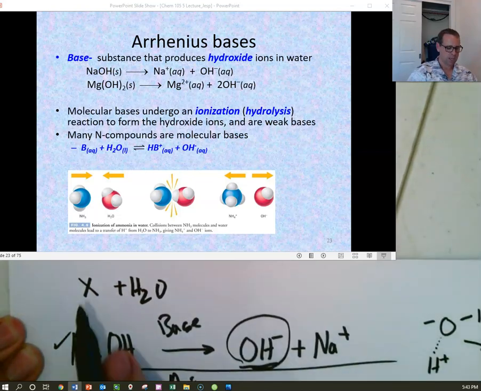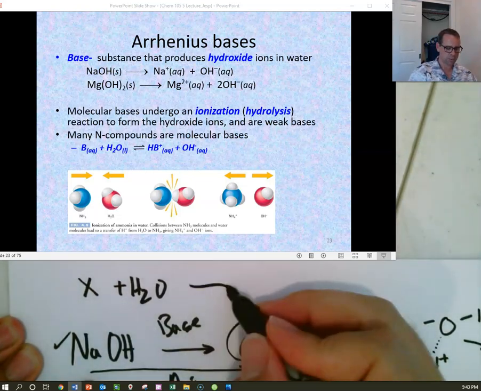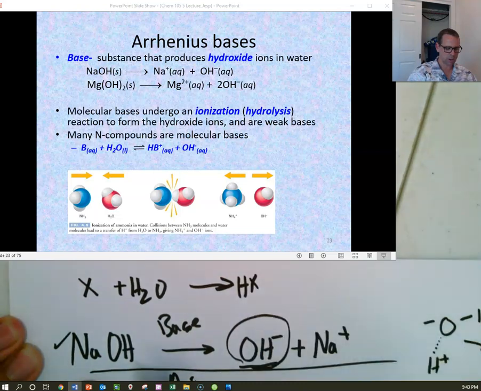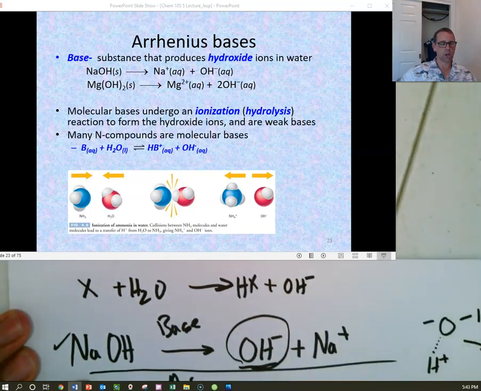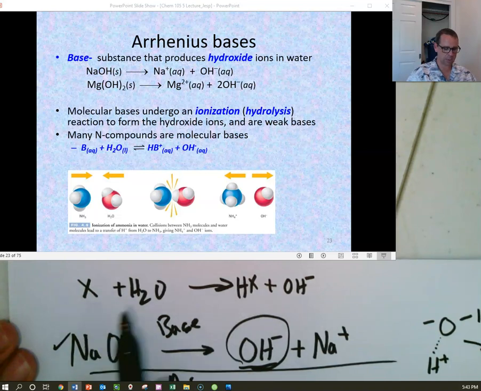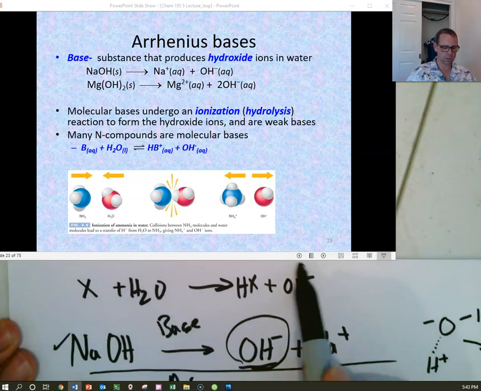If X removes a proton, a hydrogen ion, from that water, what's left is the hydroxide ion. And so that is another example of a base, a chemical that you put into water and the hydroxide ion results.